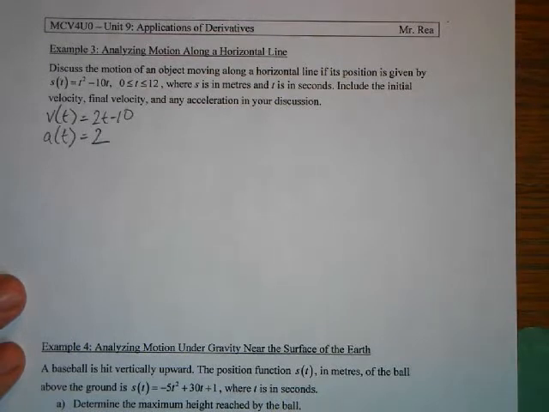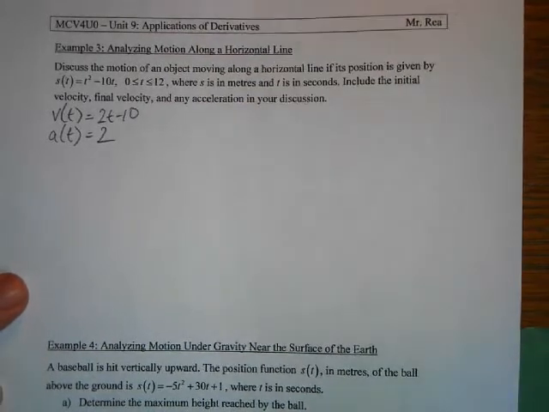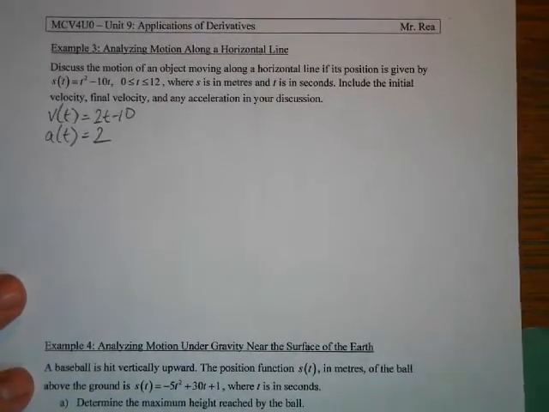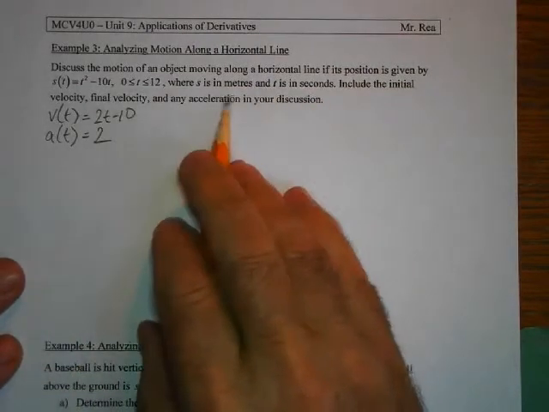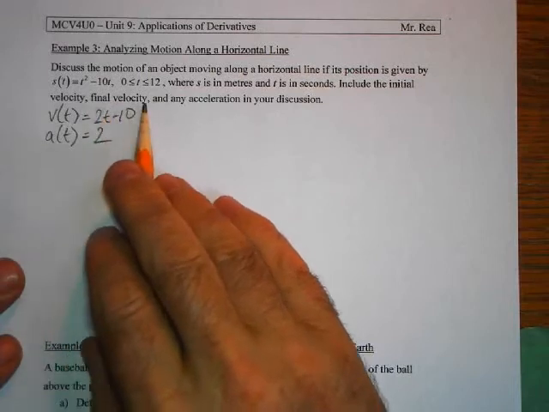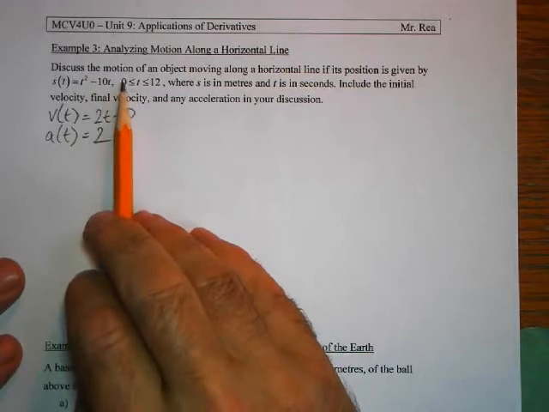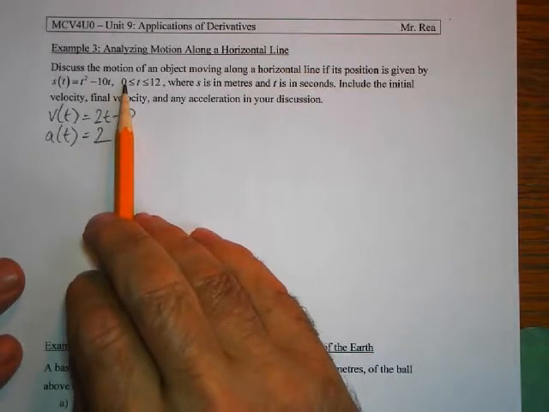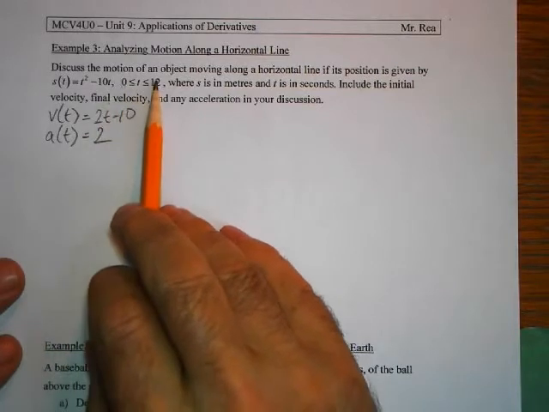Acceleration is never changing at any time. So it's getting faster and faster as we go. It wants to know about initial velocity and final velocity. Anything initial would be at 0 seconds, and anything final, velocity, position, acceleration, would be at 12 seconds.